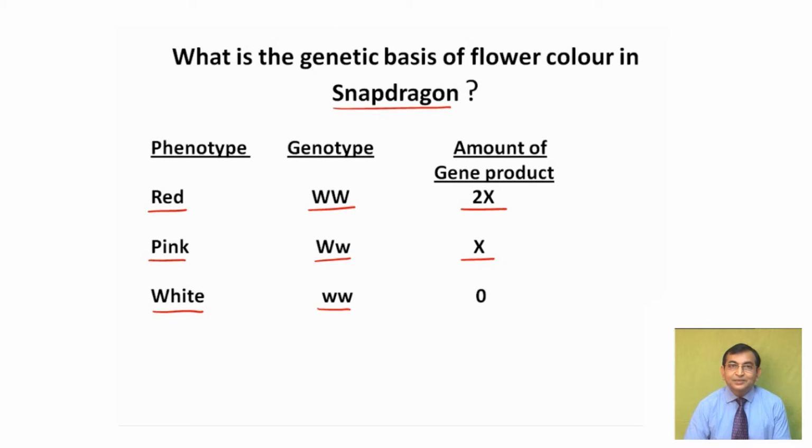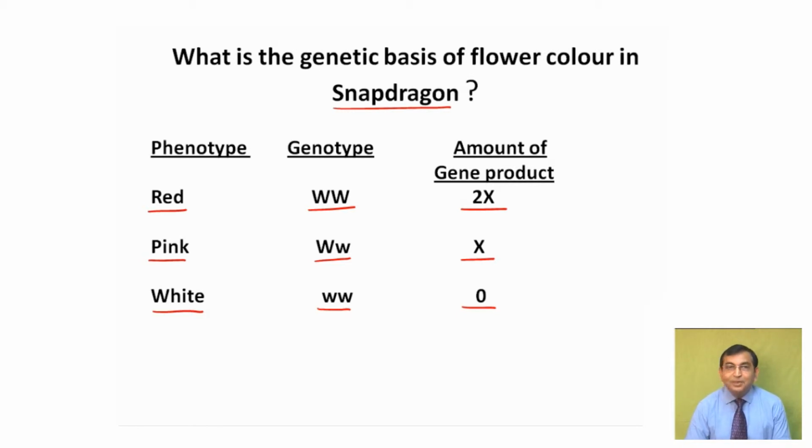So X is the intermediate between 2X and 0, so pink colored pigments are produced. This is the genetic basis of flower color in Snapdragon and an important example of incomplete dominance.